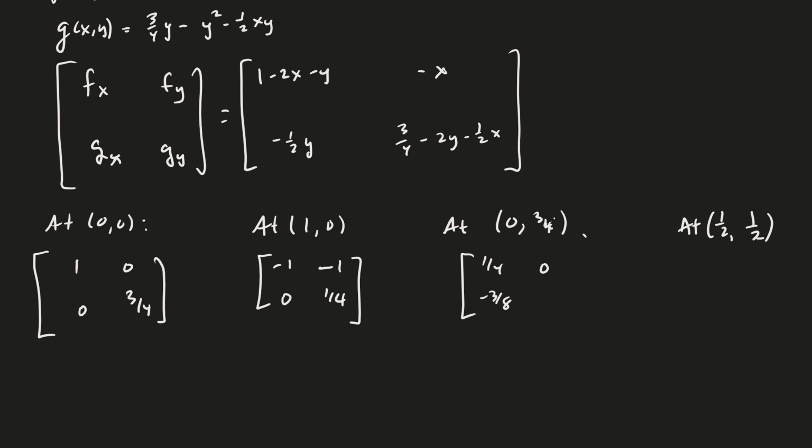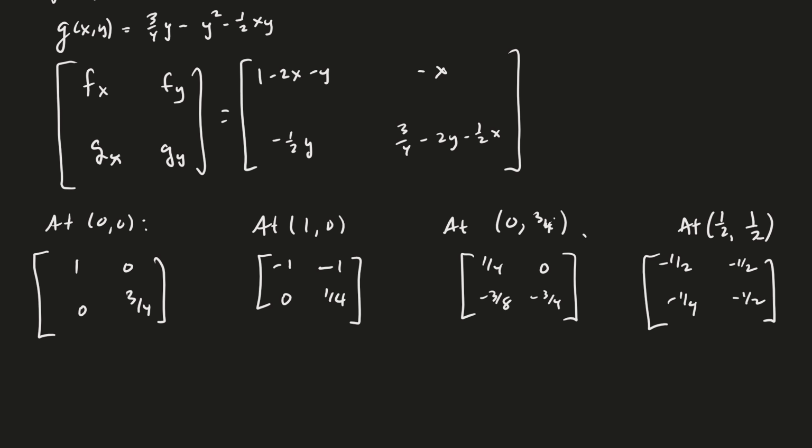And then let's see, 0 for x, 3/4 minus 2 times 3/4. Is that going to leave us with minus 3/4? And then at (1/2, 1/2), we have minus 1/2, minus 1/2, minus 1/4, minus 1/2.